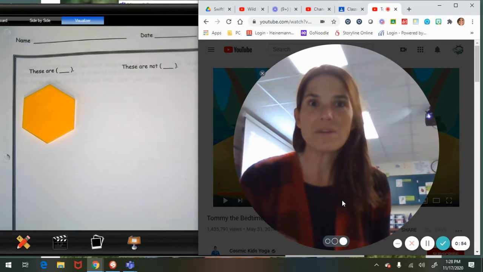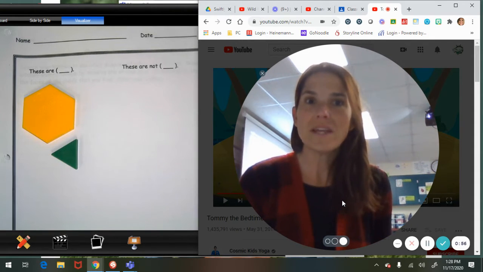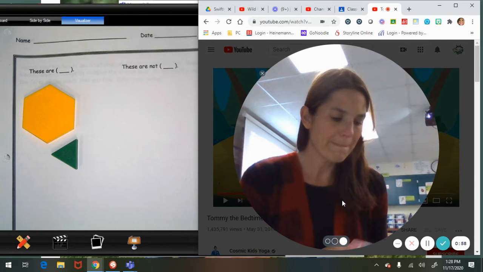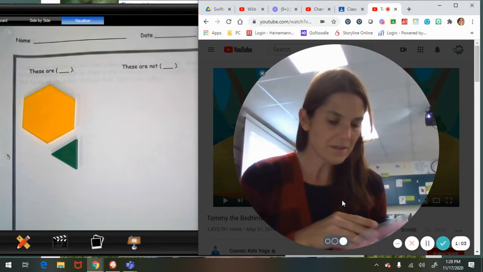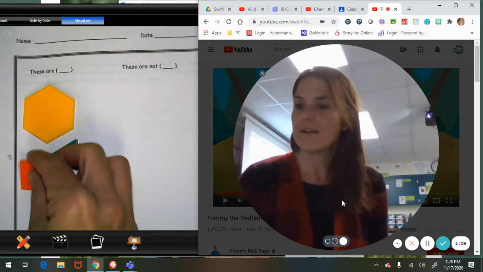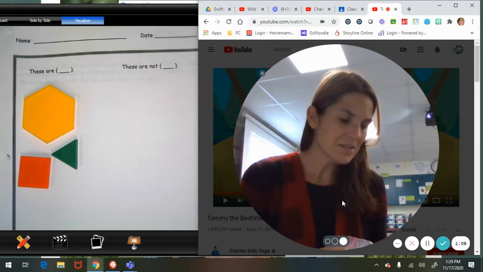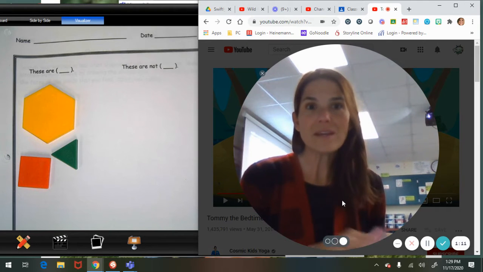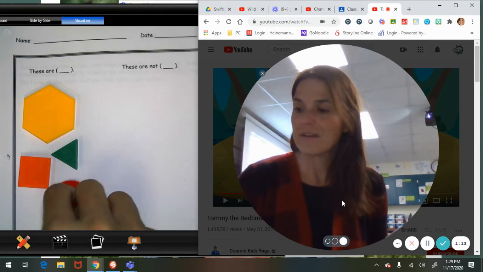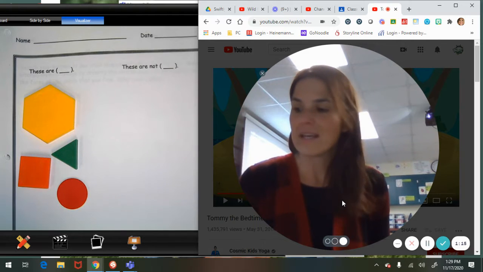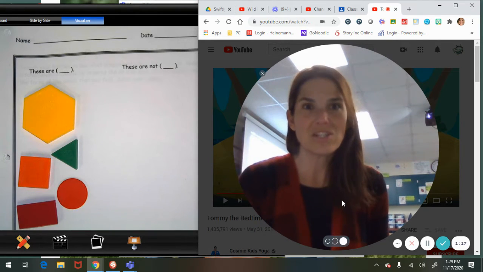Another flat shape that we talked about was a triangle. And then we talked about a square. A square is a flat shape. We talked about a circle being a flat shape. And then we talked about a rectangle also being a flat shape.